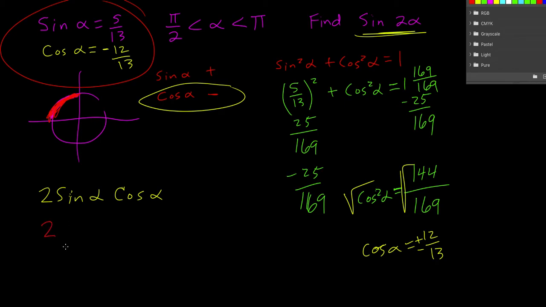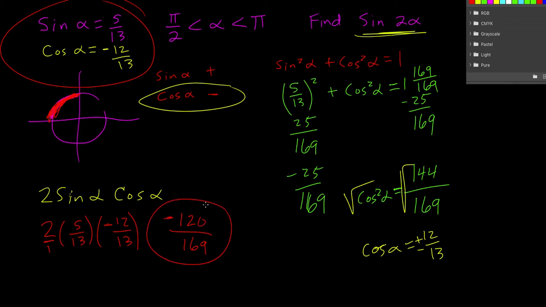So 2 times 5/13 times negative 12/13. We think of this like 2 over 1. Multiply through on the bottom, we get 169. Multiply through on the top, we get negative 120. And that's our answer.